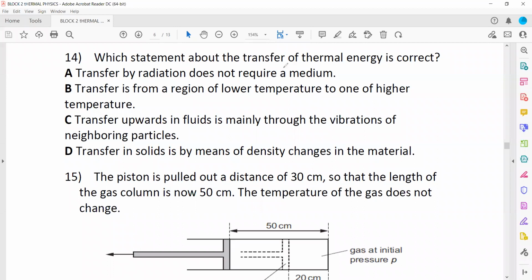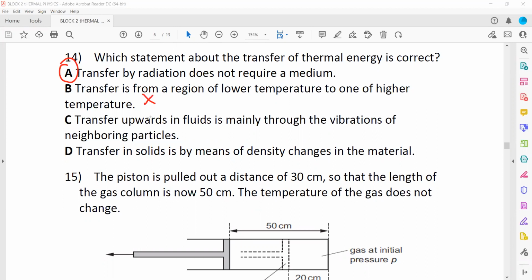Transfer by radiation does not require a medium. That's true, because radiation can pass through vacuum. So thermal energy can easily transfer without a medium in the form of waves, so A is the right answer. Transfer is from a region of low temperature to high. That's wrong.